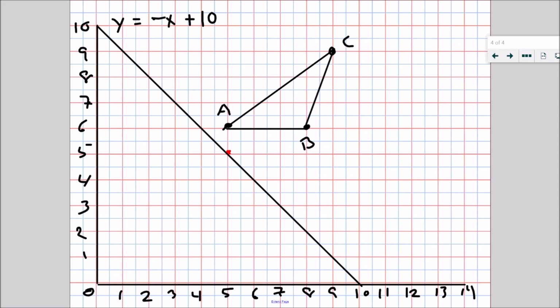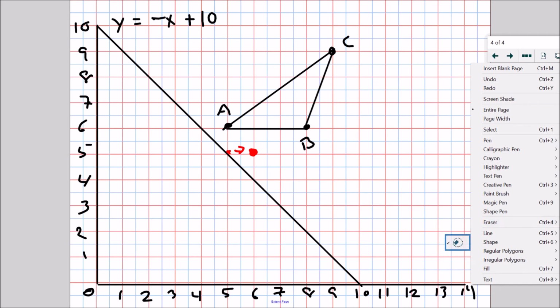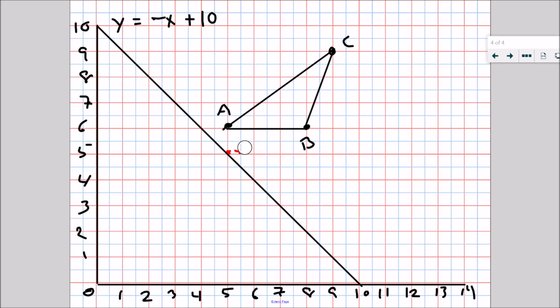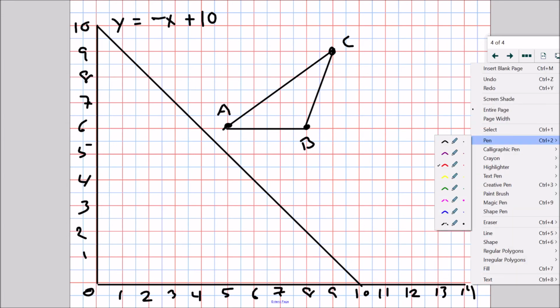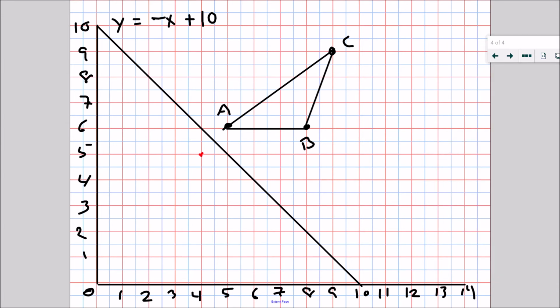Well, if I move to the right, I'd be here, and that's on the same side of the line. I didn't flip across the line if I'm ending up on the same side. So I can't move right. Right is out. Instead, I'm going to have to move 1 to the left. A prime is here.